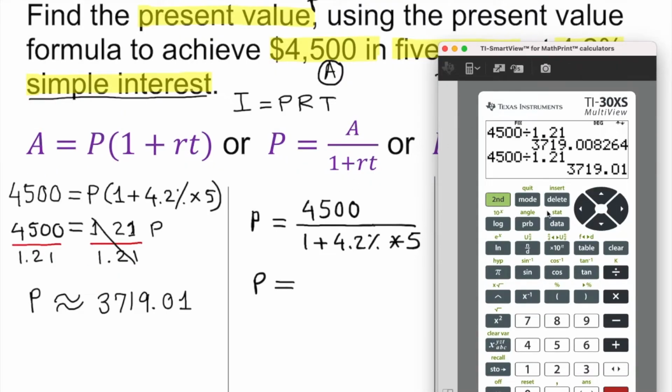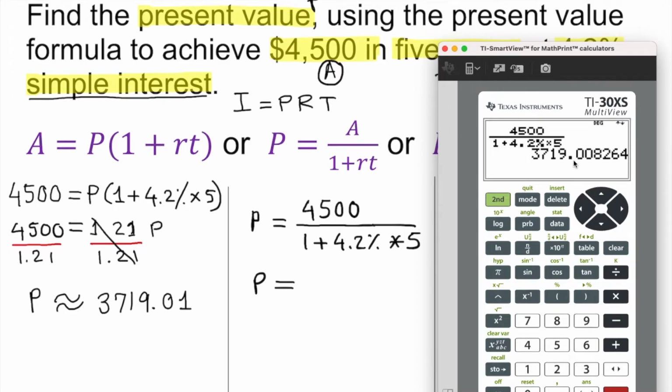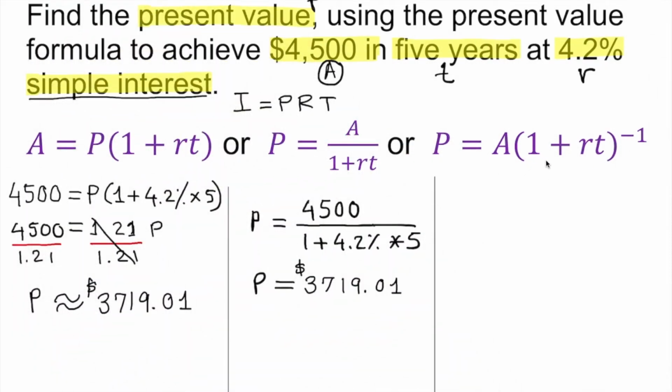We can plug it into the calculator: 4,500 divided by, open parentheses, 1 plus 4.2% times 5, which should give me the same thing, $3,719.01.